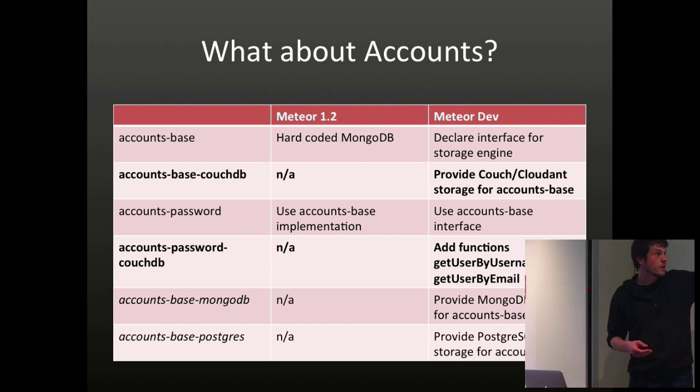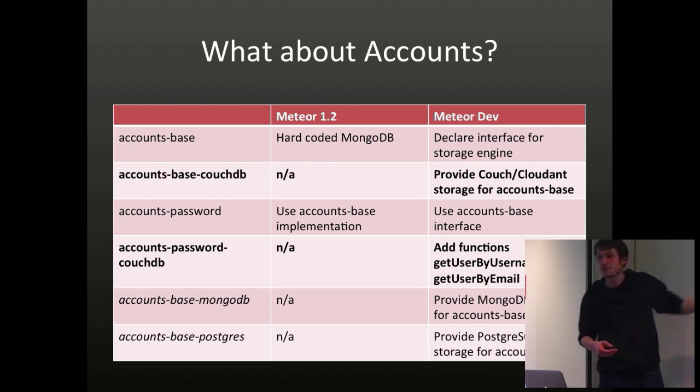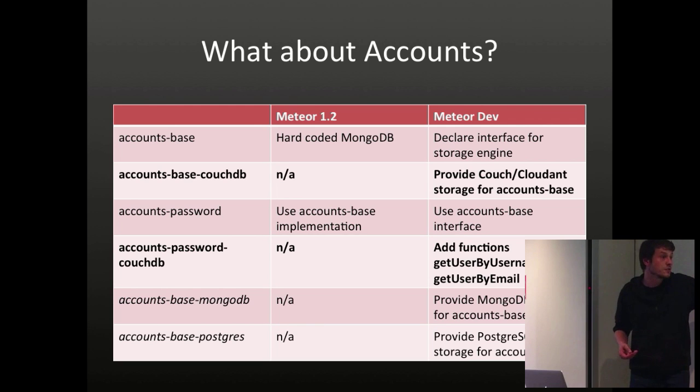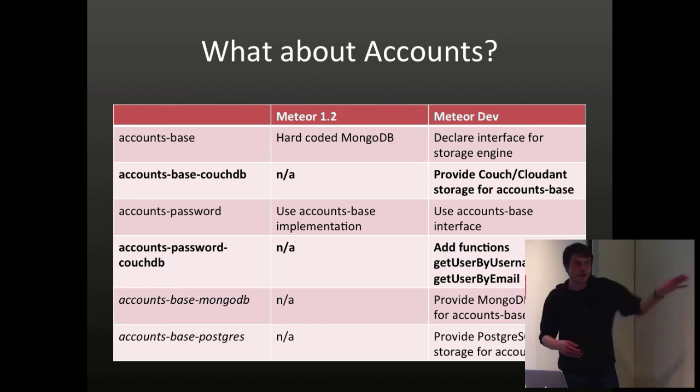So we already created this accounts-base-couchdb, which provides the implementation for accounts-base. And then you also get accounts-password-couchdb, which is basically accounts-password plus a few extra functions. I have to check with the developer from India why he created a new plugin for that, but right now this is how it works.